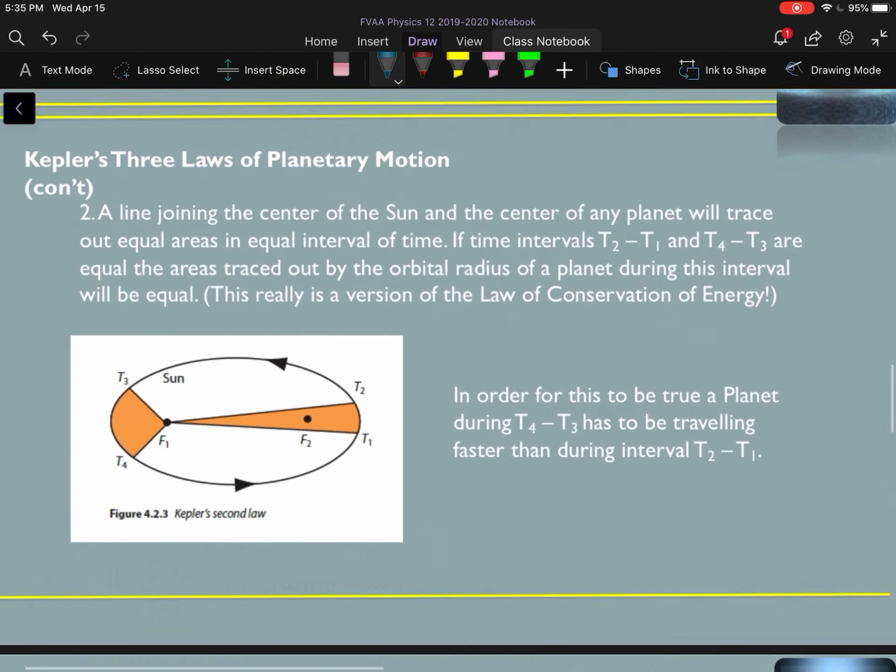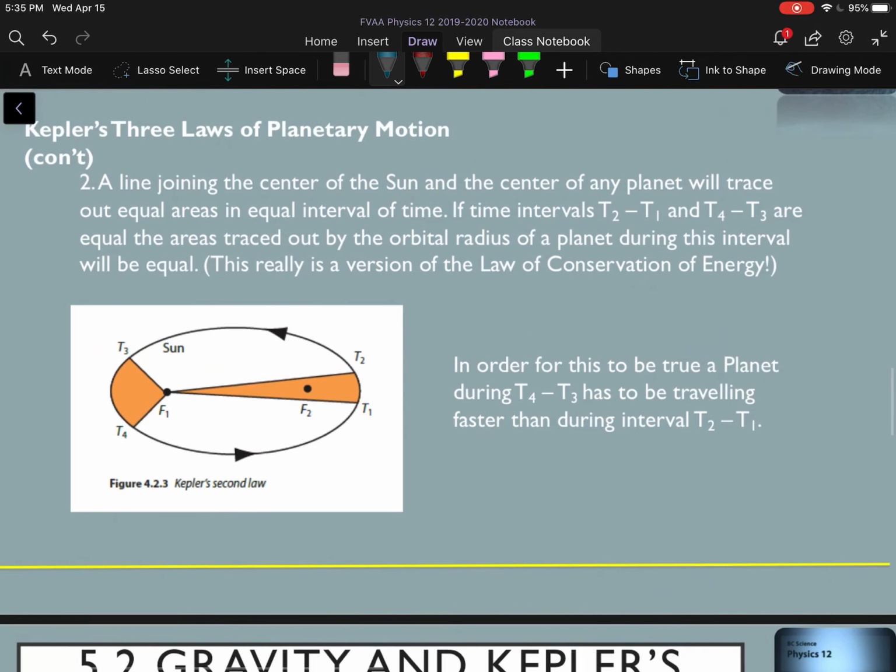The second of the 3 laws: this is Kepler's diagram of the ellipse shape, with the sun at one of the 2 foci of this oval. Kepler realized that a line joining the center of the sun and the center of any planet will trace out an equal area in equal intervals of time.